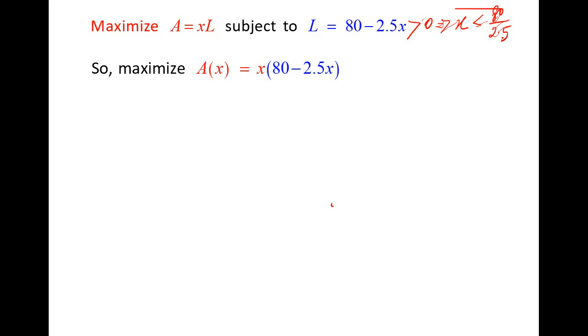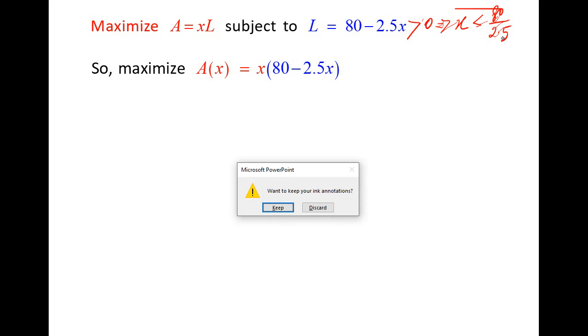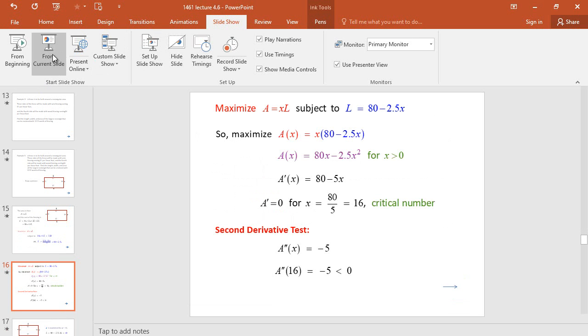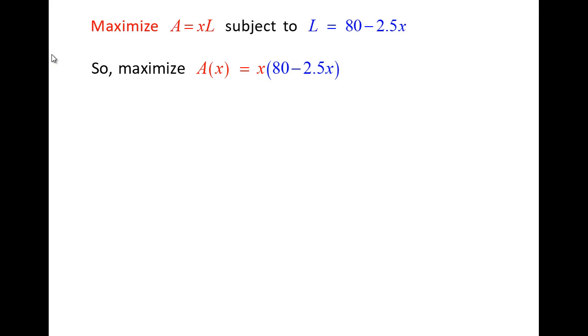So we can come up with an upper bound for X, but that's not really needed. So we got this, and again, if I wanted to, I could come up with an upper bound for X by requiring L positive. So A prime of X is 80 minus 5X.